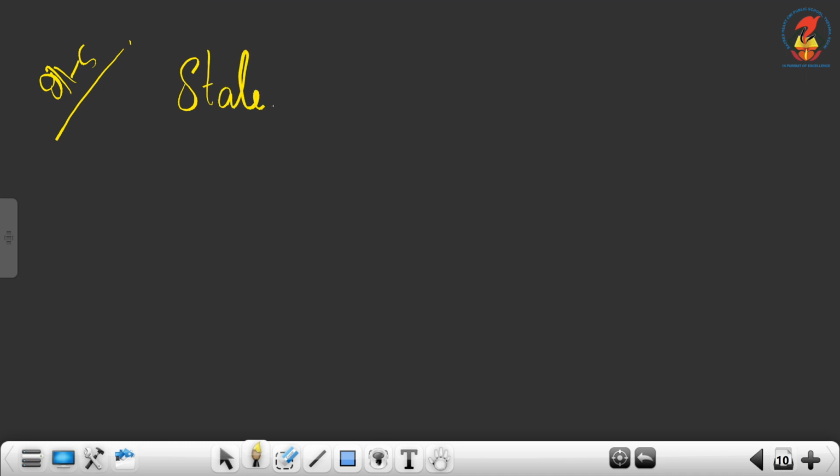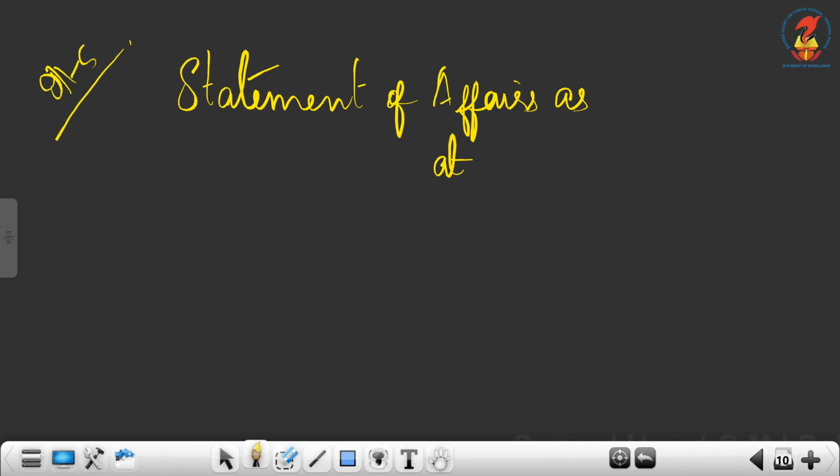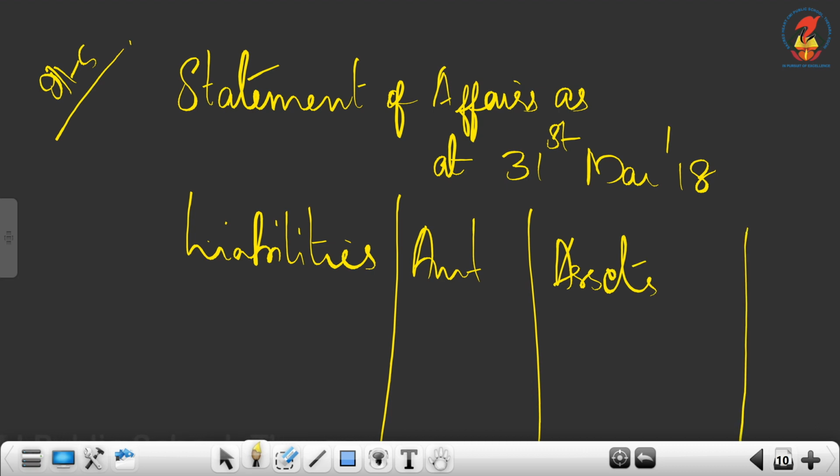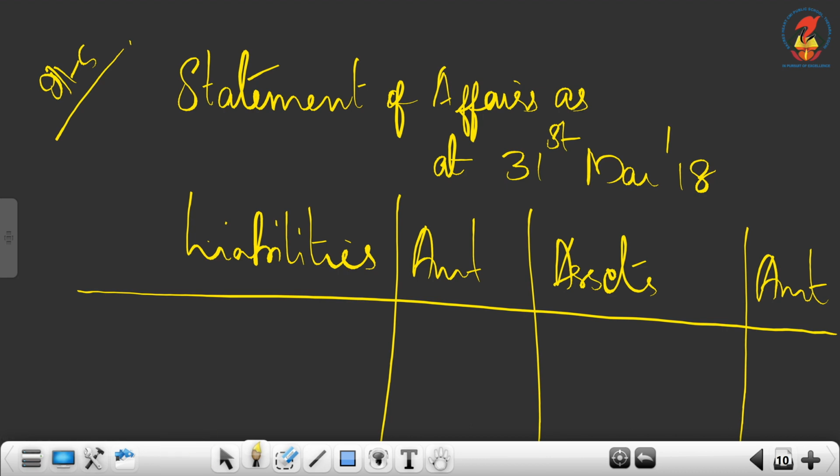So give the heading. Statement of affairs as at, write the date 31st March 2018. Then draw the format. Opening, we have cash at bank, that is 4,500.